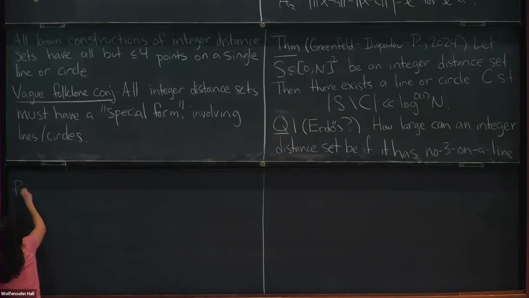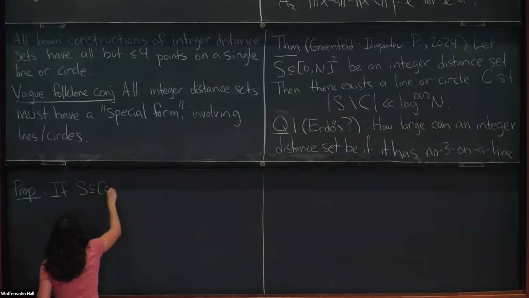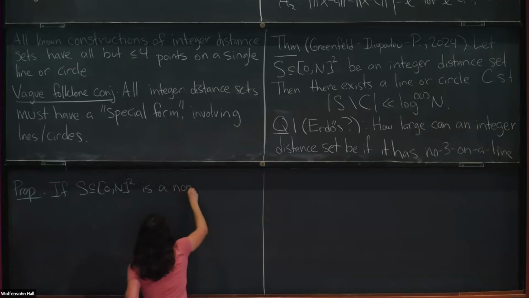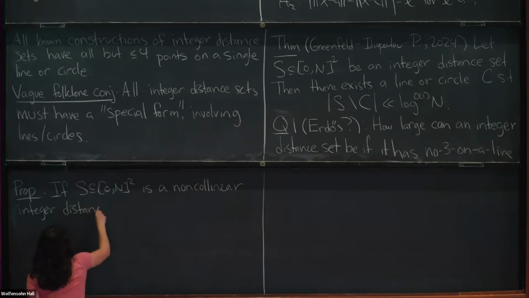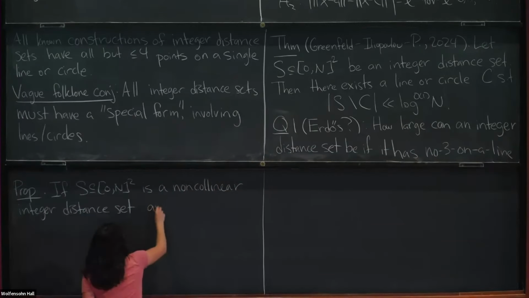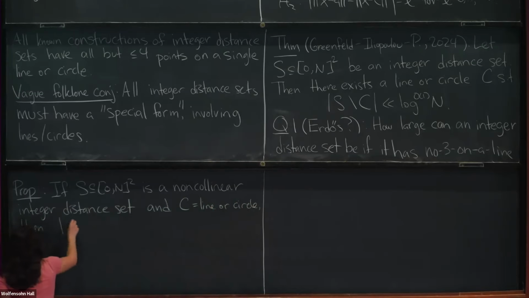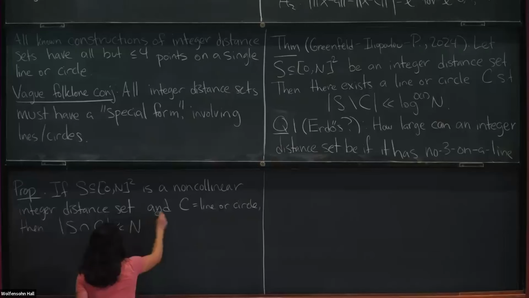So we prove that if S is an integer distance set in an n by n box, and it's not collinear, and C is a line or circle, then the size of S intersected with C is bounded above by n to some constant over log.